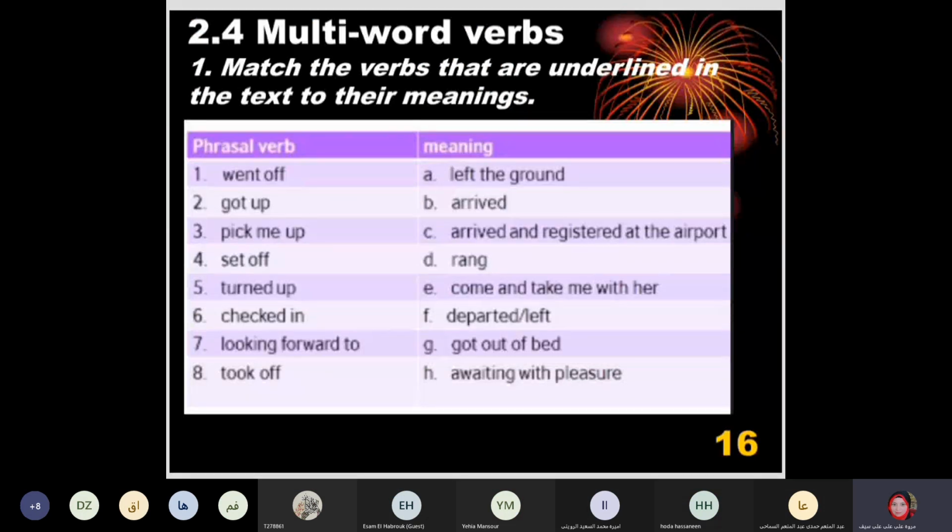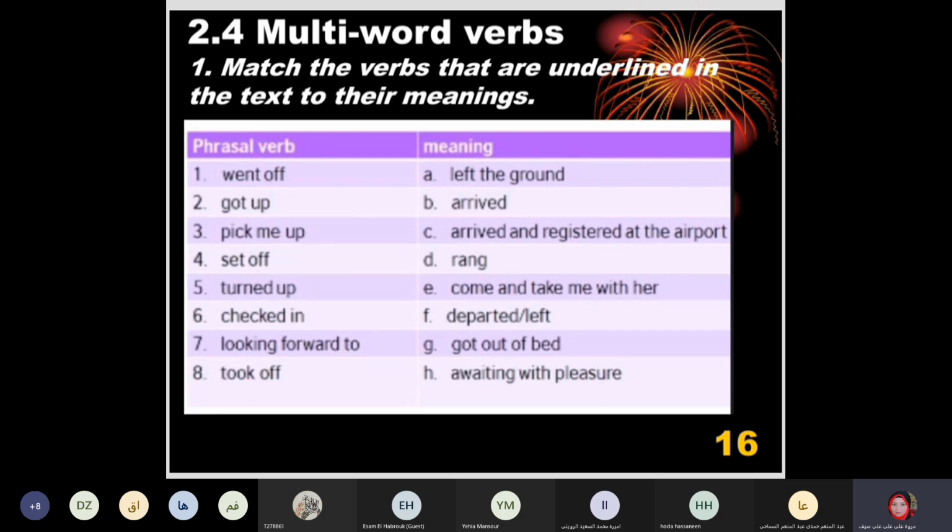All you have to do is match the verbs that are underlined in the text to their meanings. We have the phrasal verbs on the left, and the meanings on the right, but they are not ordered, of course. You have to match the verbs to their meanings, but not here.